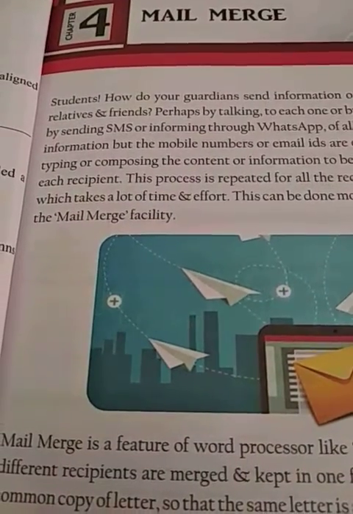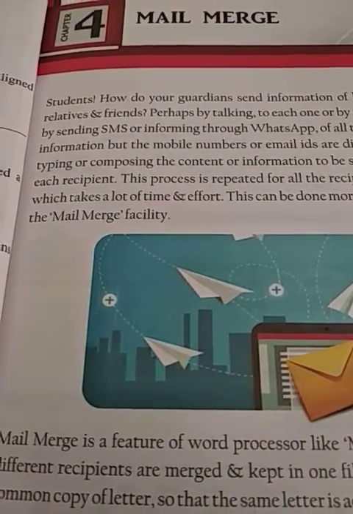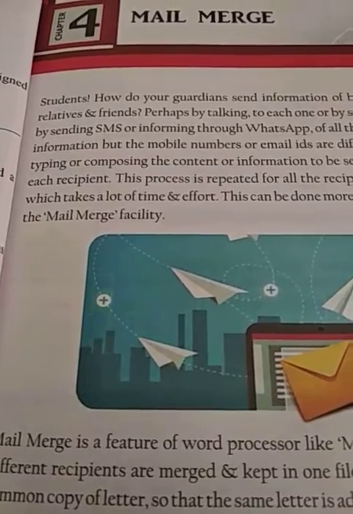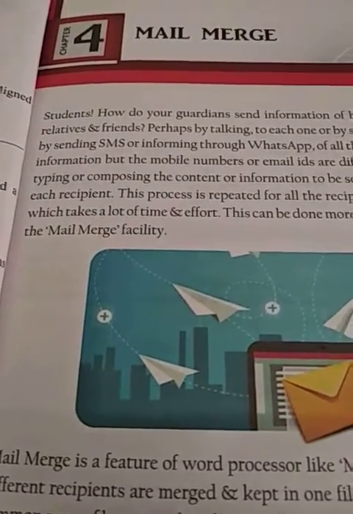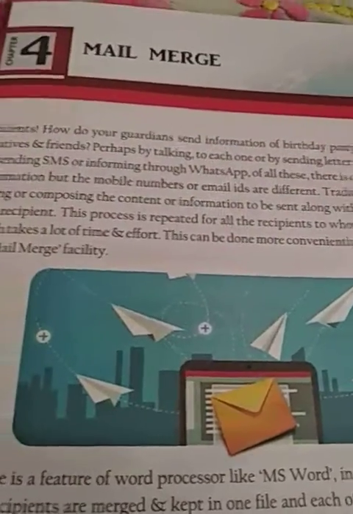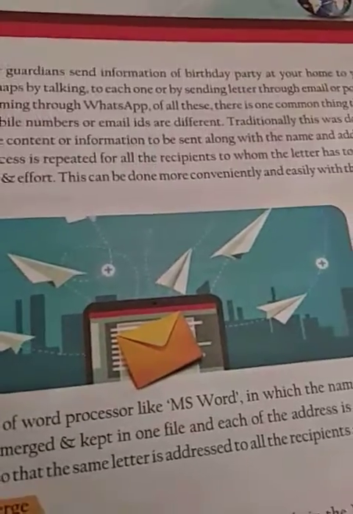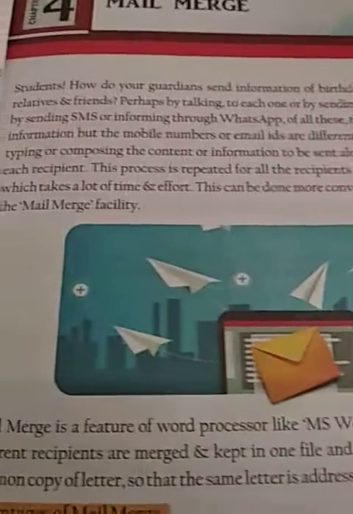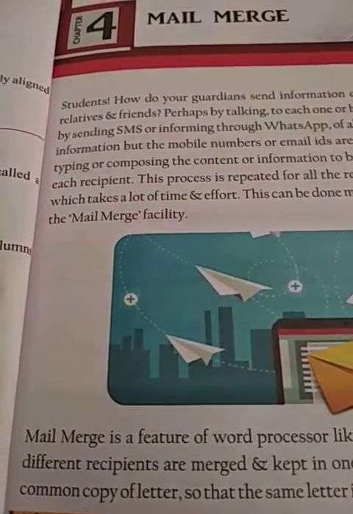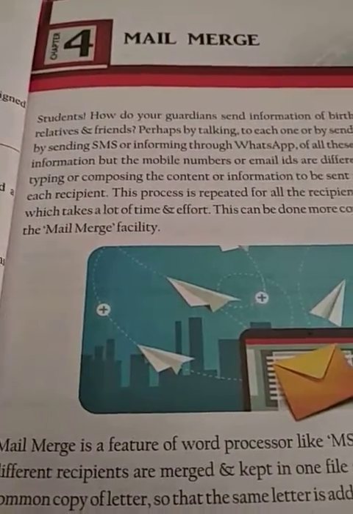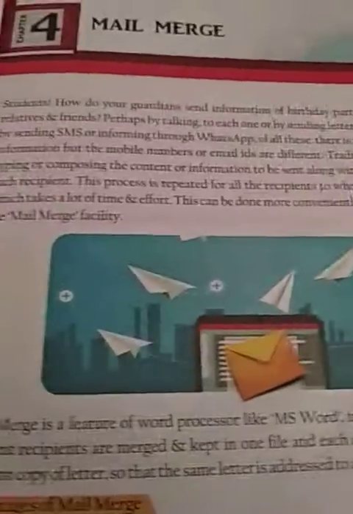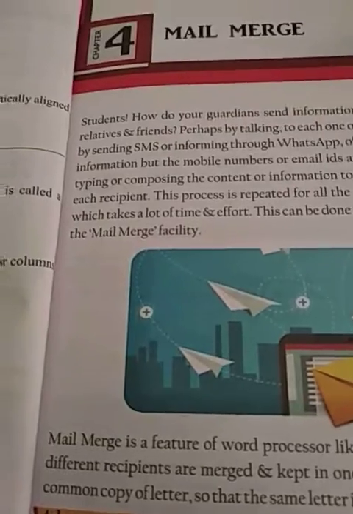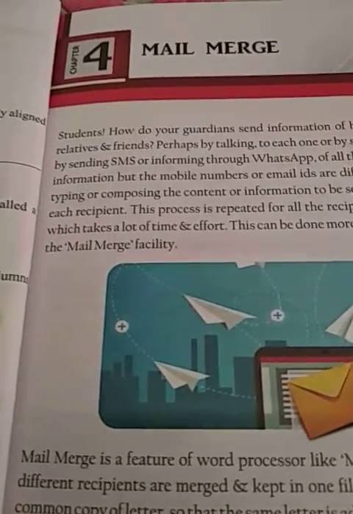But now, this repeated process of typing the letters 100 times has been reduced. This process is repeated for all the recipients to whom the letters are sent, which takes a lot of time and effort. Now, this can be done more conveniently and easily with the help of the mail merge facility.